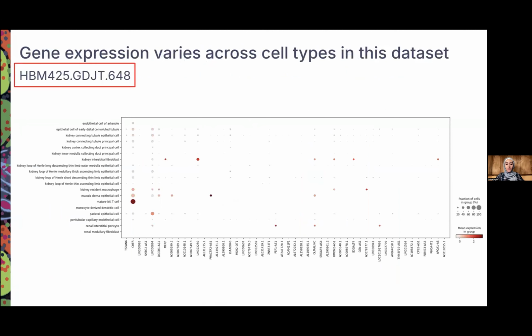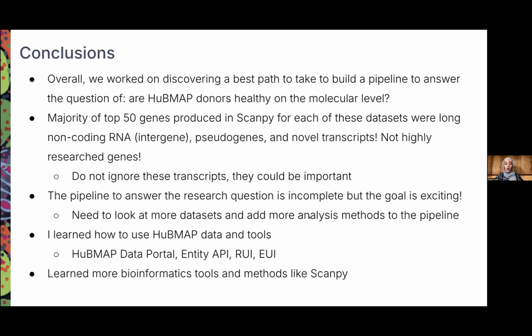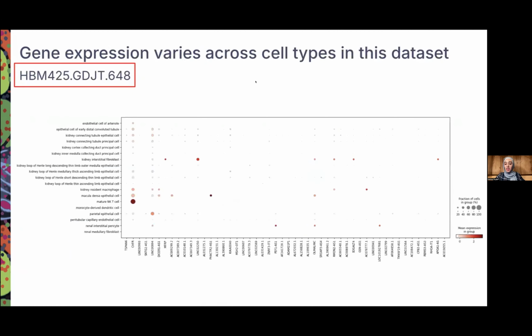So now finally, for our last piece of analysis, we went deeper into the molecular level of those data sets to see how the gene expression profiles vary for each of these data sets. So on the x-axis, we have the top 50 highly variable genes for that data set.